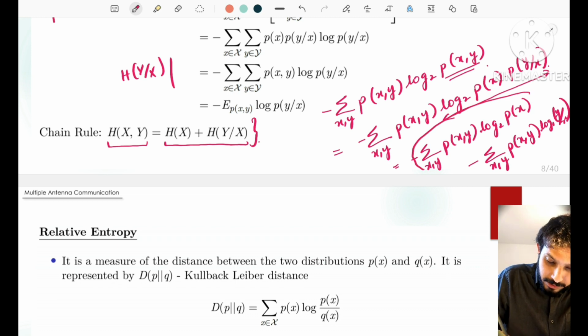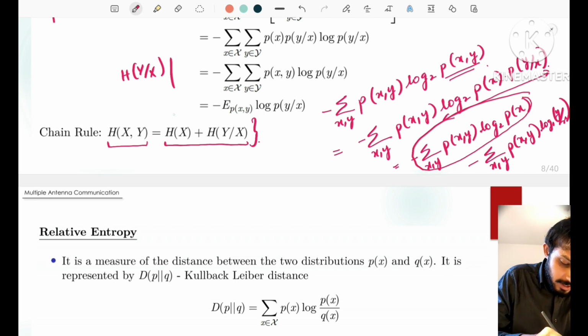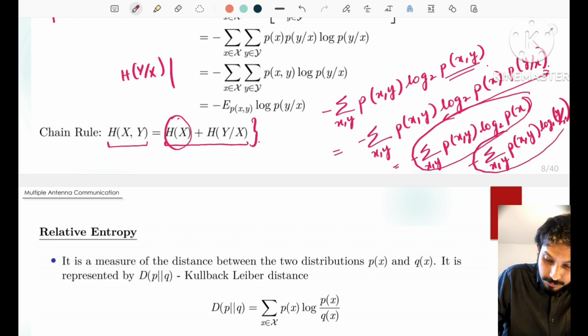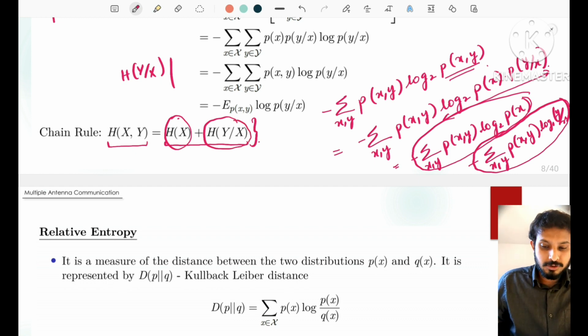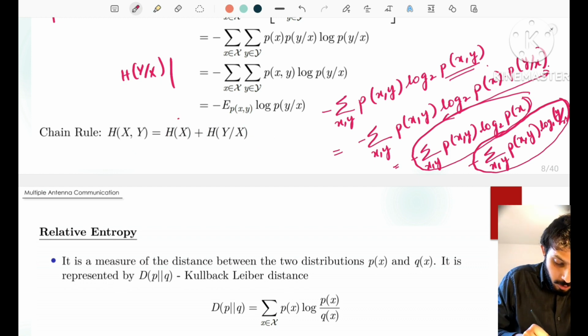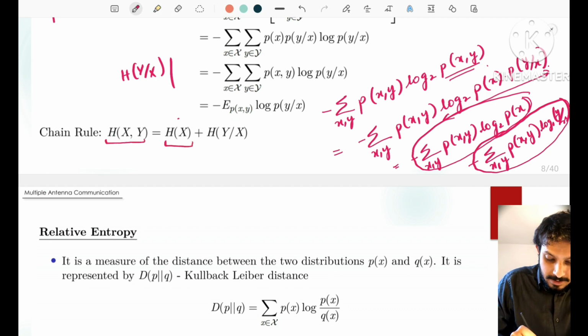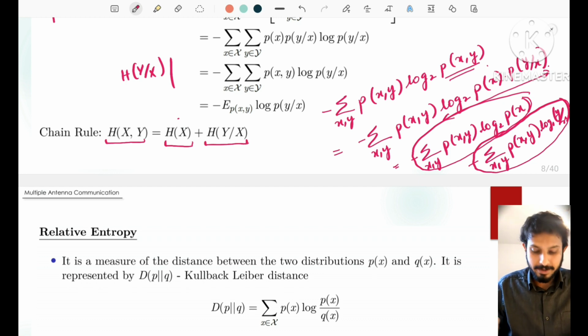This is the entropy of x, so we have H of x here, and this is the conditional entropy of y by x, H of y by x. So from the chain rule, what we get is the joint entropy H of x comma y is equal to the entropy of x plus the conditional entropy H of y by x.